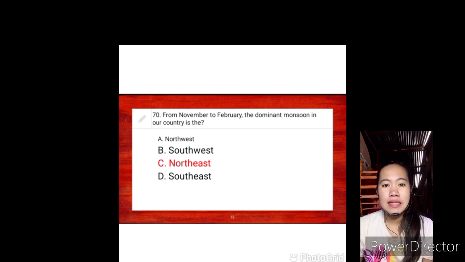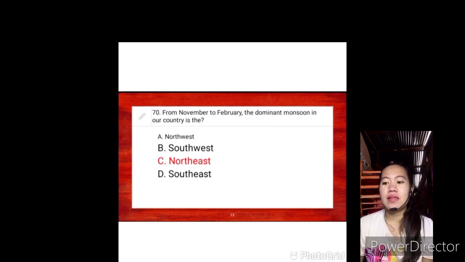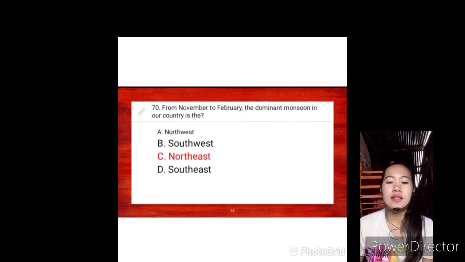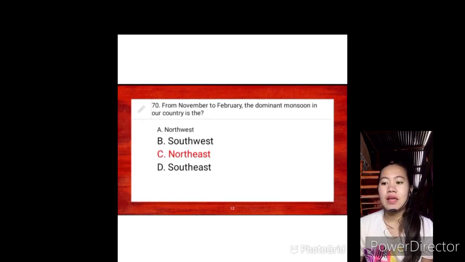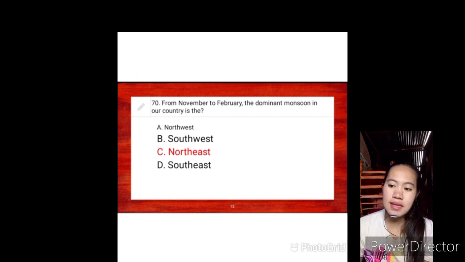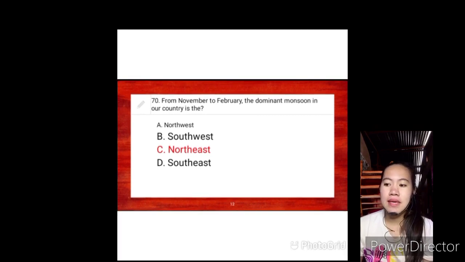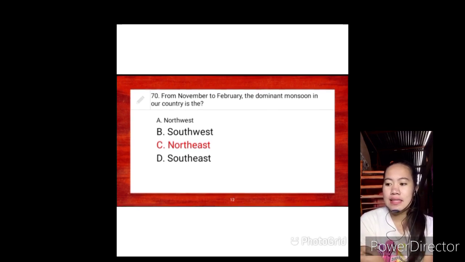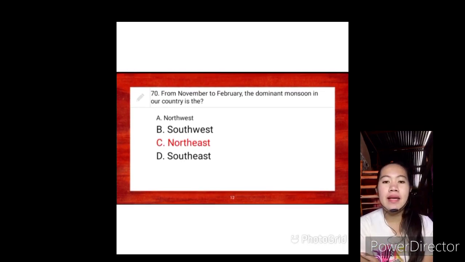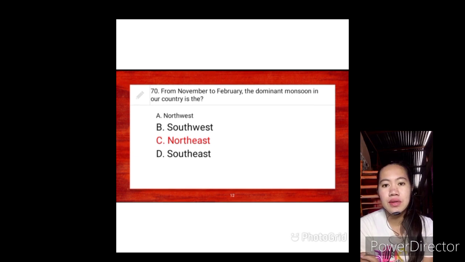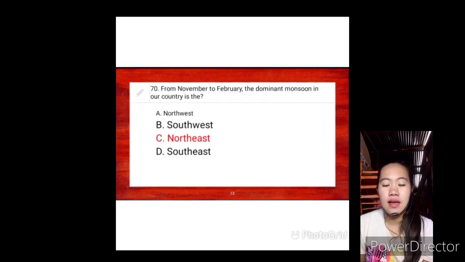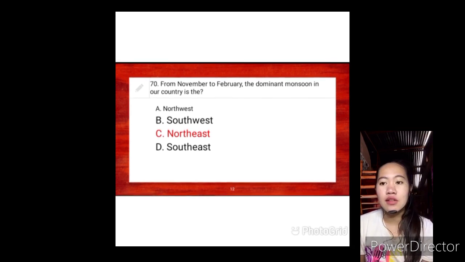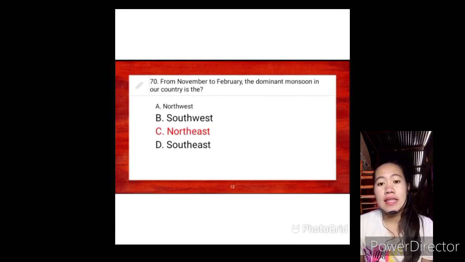Now let's proceed to number 70. From November to February, the dominant monsoon in the country is the blank. There are 4 choices: A. Northwest, B. Southwest, C. Northeast, and D. Southeast. Basically, there are 2 monsoons in the country. We only have northeast, or the Amihan, and the southwest, which is the Habagat.